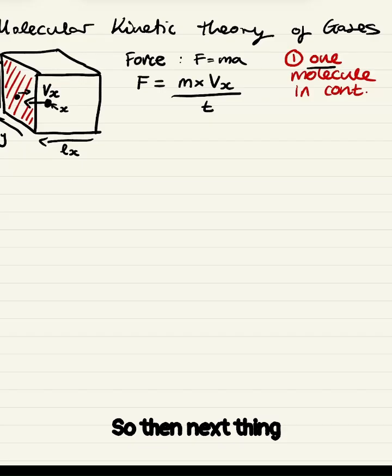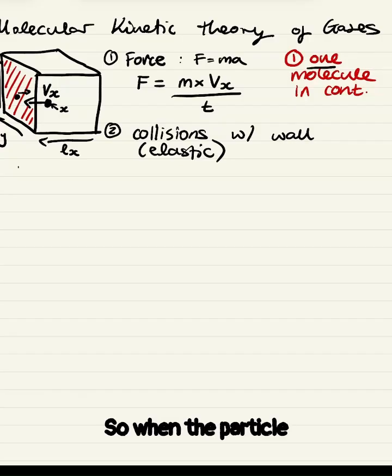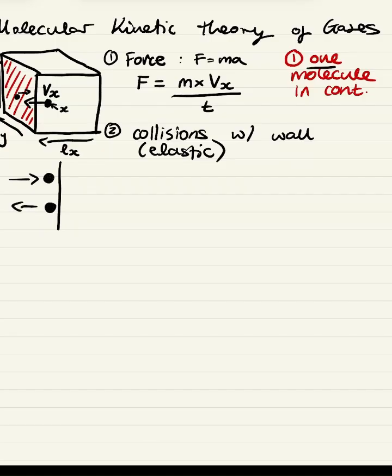So then, the next thing that we need to consider is the elastic collisions. So basically, the collisions with the wall. So when the particle is traveling towards the wall and away from the wall, and if we say that this direction it's going in is the positive direction, then it going the other way is the negative direction.